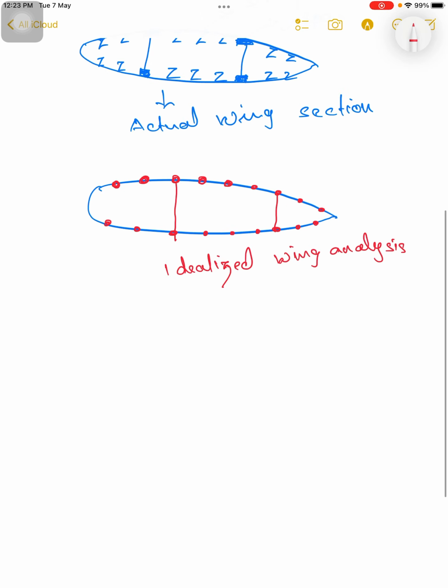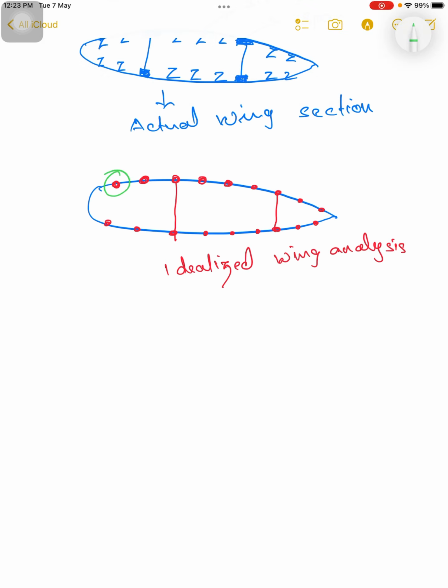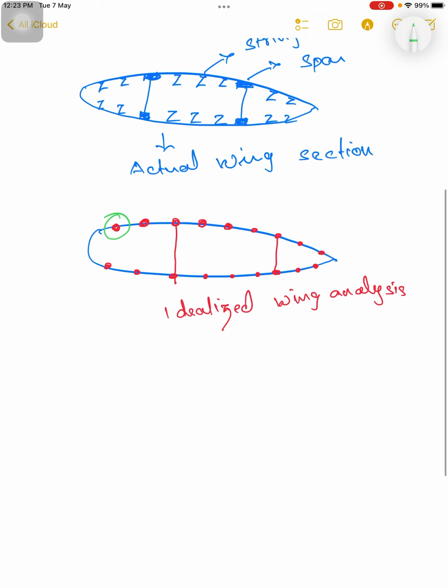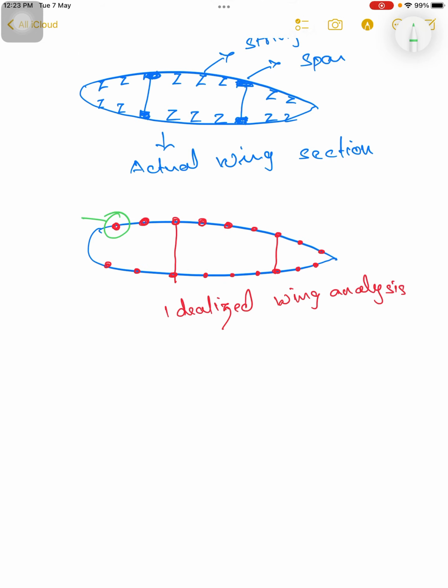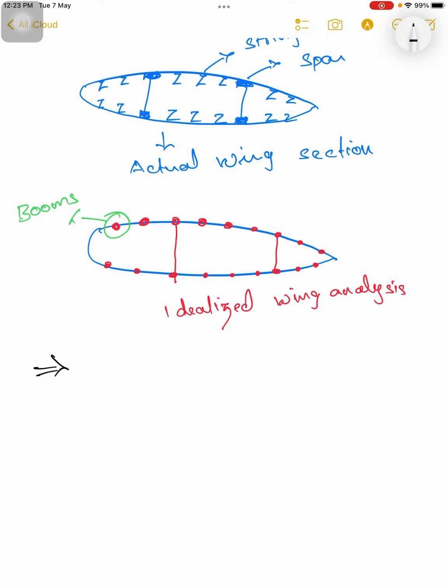So we have converted these stringers and spars into small dots, which are called booms. So how do we change these stringers and spars into small dots, and what do these booms indicate?